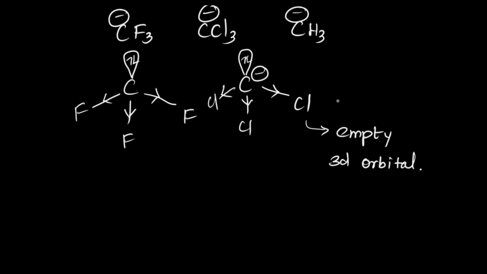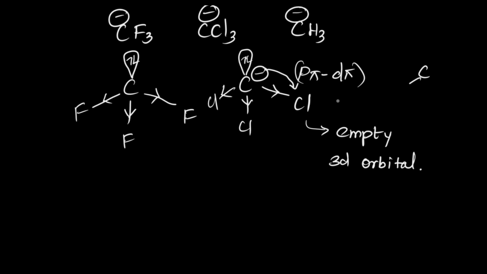So the Cl configuration has an empty 3d orbital, so that these electrons will form a bond which is called a p pi d pi bond, which makes it much more stable.